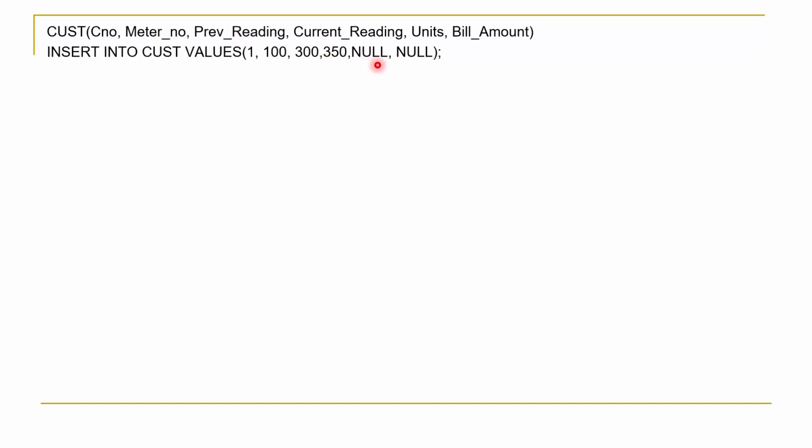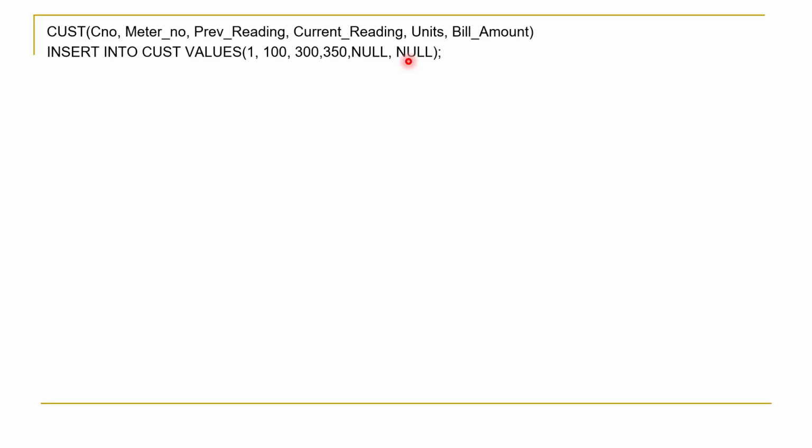The value of units and bill amount is null. In this case, the trigger has to calculate the value of units and bill amount before performing the actual insert operation on the table. Then it has to update the values in such a way that when the actual insert operation happens, the value of 6 columns is stored into the database.